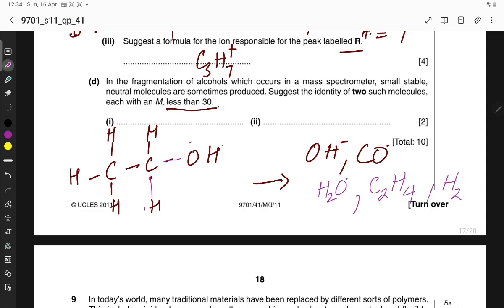H2 can be lost. So there are many possibilities: water is 18, C2H4 is 28, and H2 is 2.